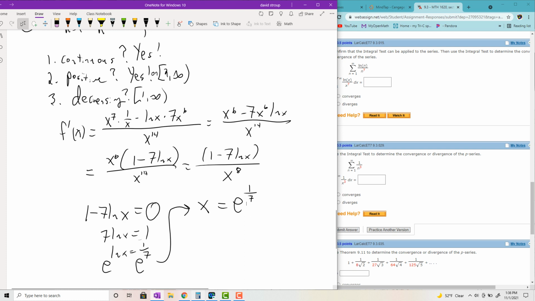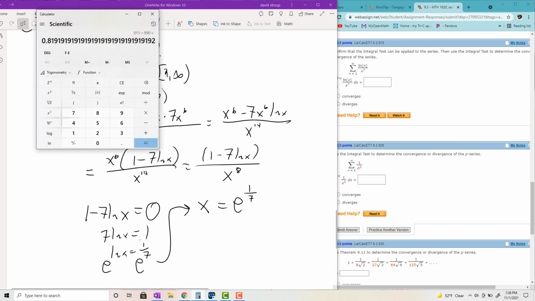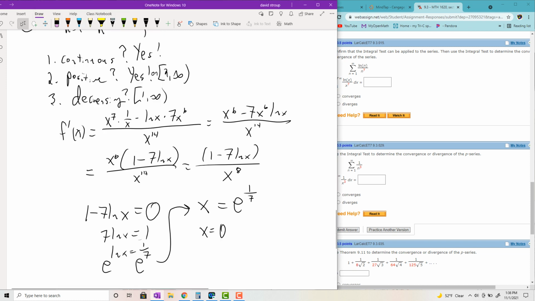You can figure out what that is in the calculator. E to the parentheses 1 divided by 7, so x is about 1.14. So in our domain, that's not even in there, right? We're just looking from 1 to infinity.